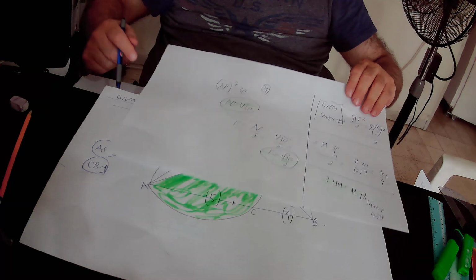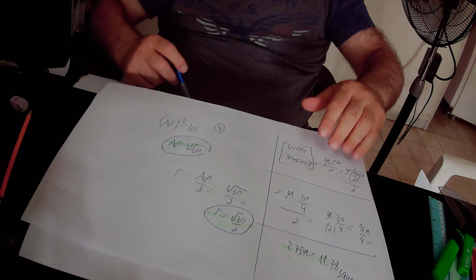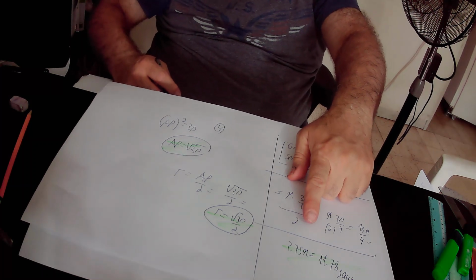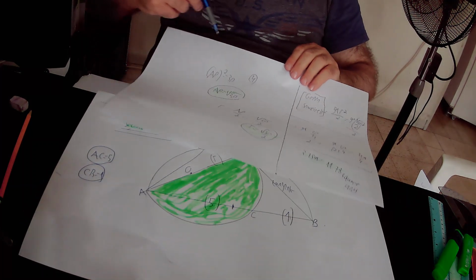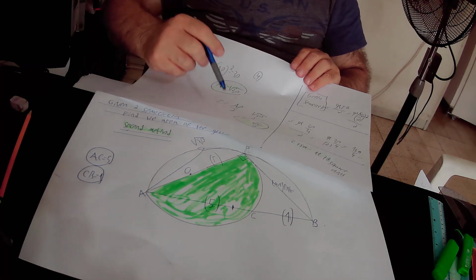So the area of this green semicircle equals either 3.75 pi square units, or in terms of numbers, 11.78 square units. Okay, thank you very much.